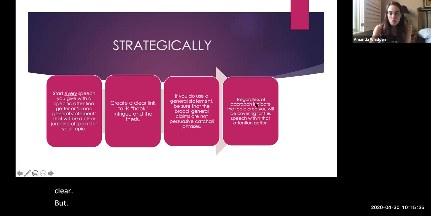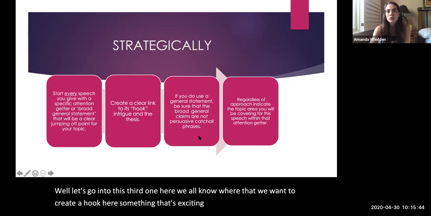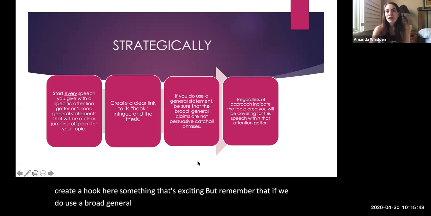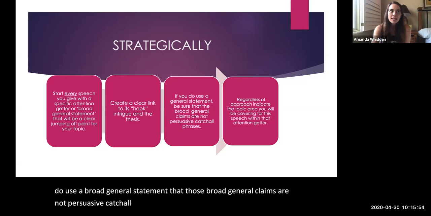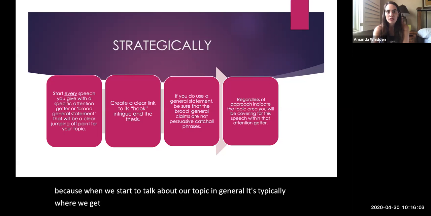Let's go into this third one here. We all know that we want to create a hook here, something that's exciting. But remember that if we do use a broad general statement, those broad general claims are not persuasive catch-all phrases. I like to warn many of you about this because when we start to talk about our topic in general, it's typically where we get our opinion in there and we start to talk about how much we love it or we don't love it or what the issues are with it.